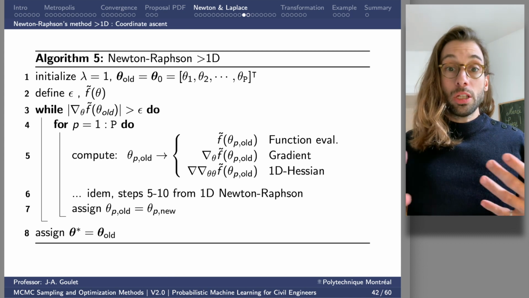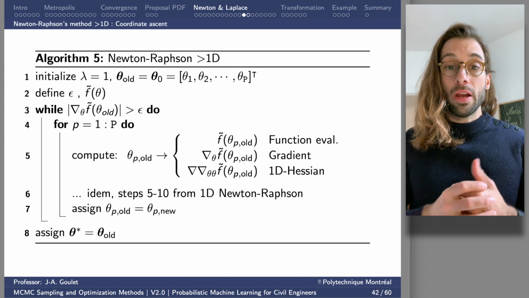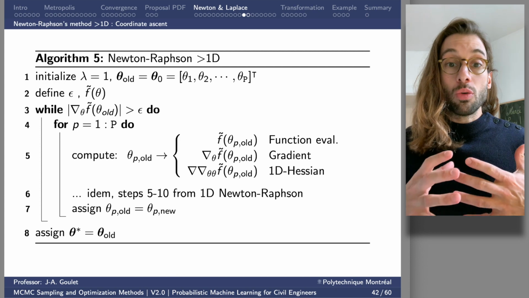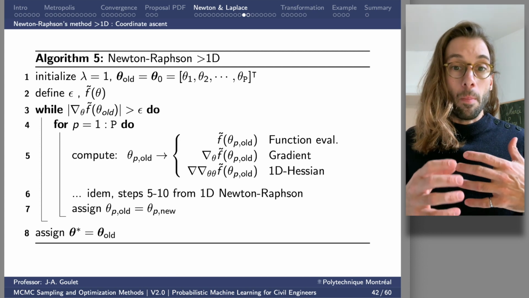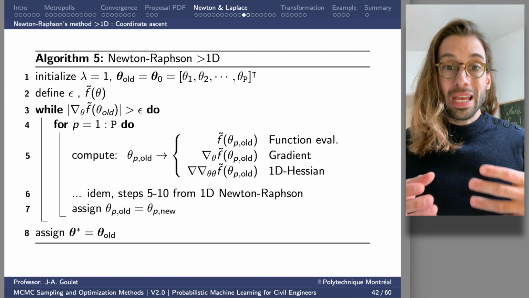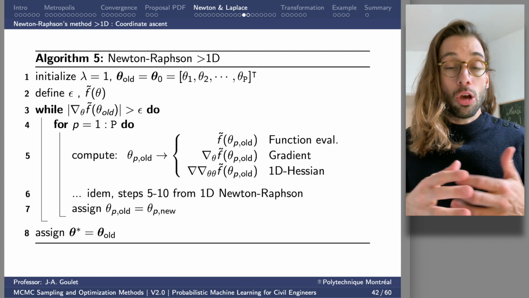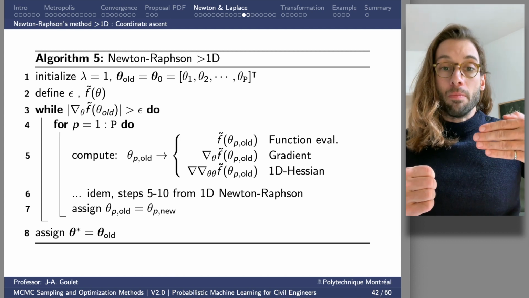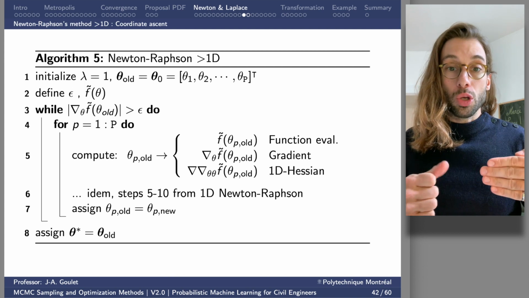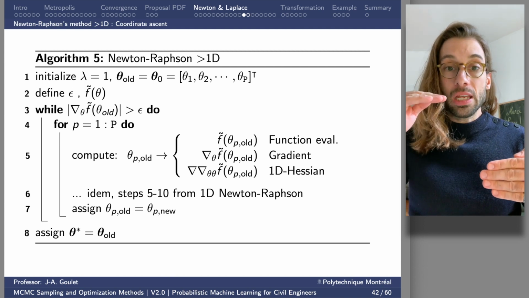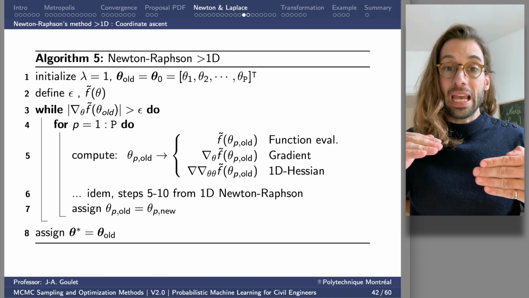Okay, so how can we extend this to multivariate domain? There is a general formulation to perform the Newton-Raphson in multidimensional space, which is obtained by saying my new location is going to be the current location minus the gradient of my function divided by its Hessian, okay?